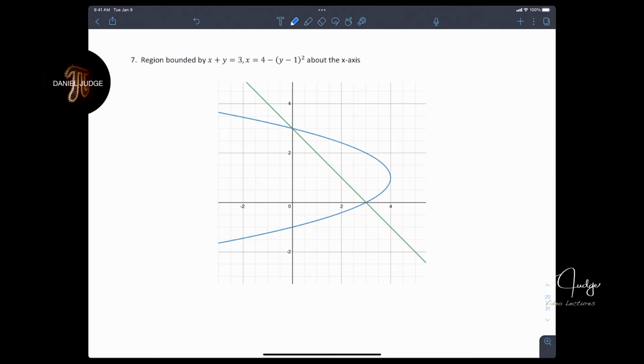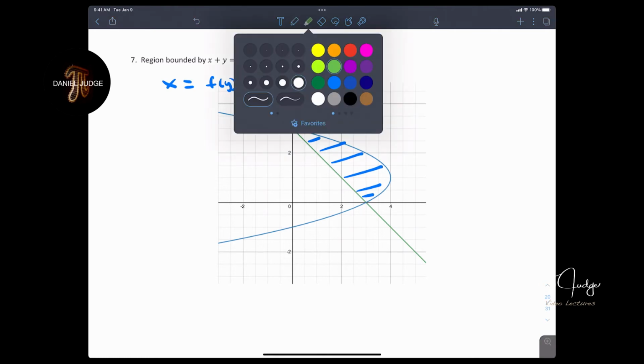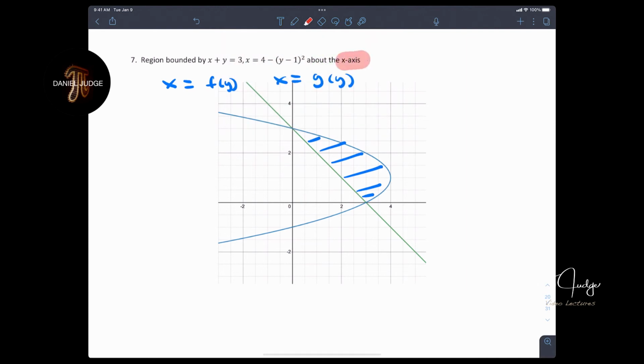So what you have here is, again, a bounded area. You're rotating this, some function x equals f of y and x equals g of y, about the x-axis.